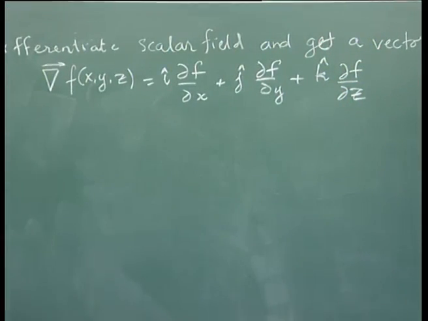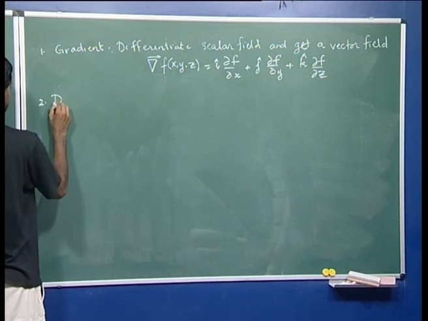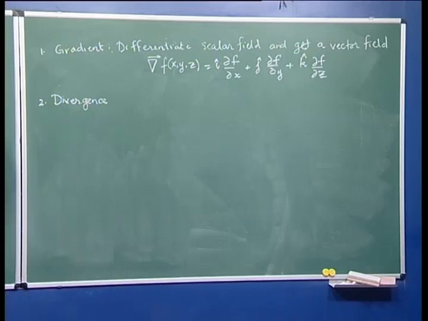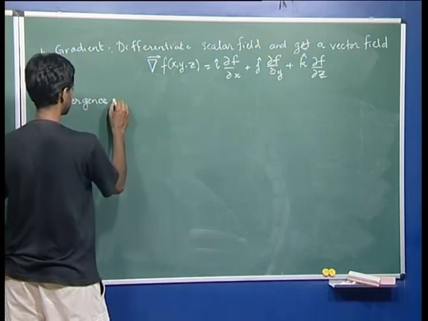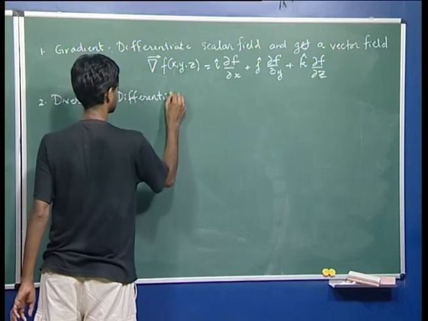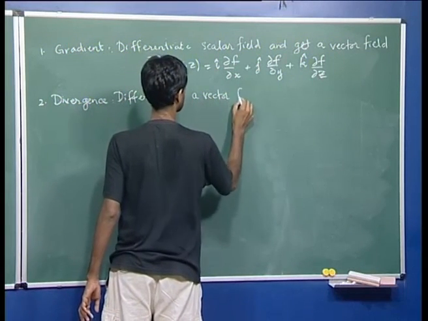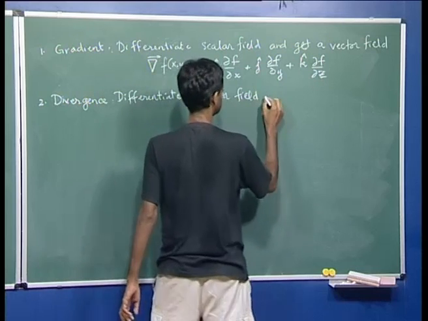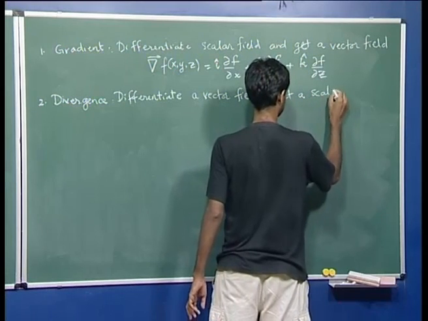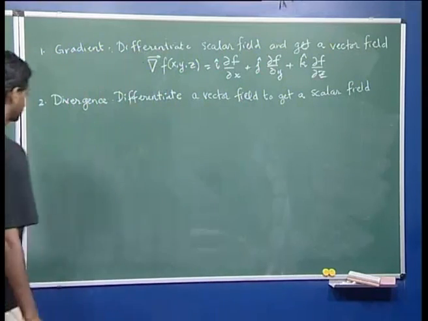Okay. Now, the next kind of vector derivative that we will see is something called the divergence. And in the divergence, what is done is you differentiate a vector field to get a scalar field. Okay.